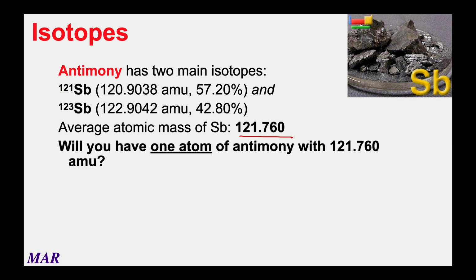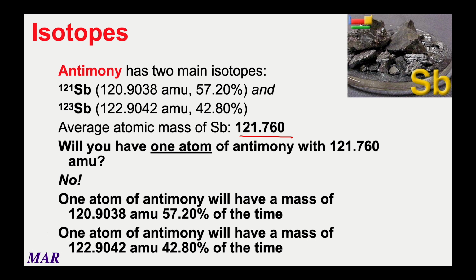It's about halfway between 123 and 121, more or less. And the question is, will you ever have one atom of antimony at 121.760 AMU? And the answer is a resounding no. You're not ever going to have one atom of that average mass.